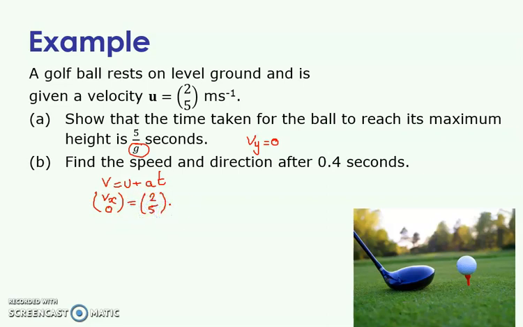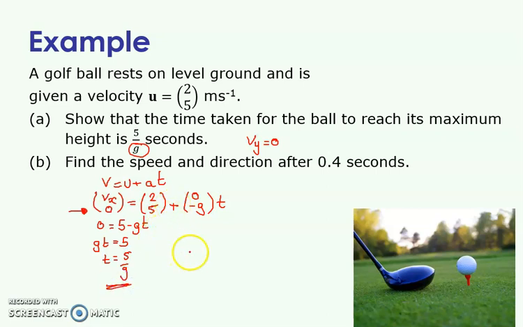Now normally I'd write A to be 0 and minus 9.8, but they've actually got G, so it's just 0 and minus G instead. Time is the time, that's what I'm after. So just looking at the bottom equation, 0 equals 5 minus GT, or GT equals 5, or T equals 5 over G, which is what they had. So that's the first part.